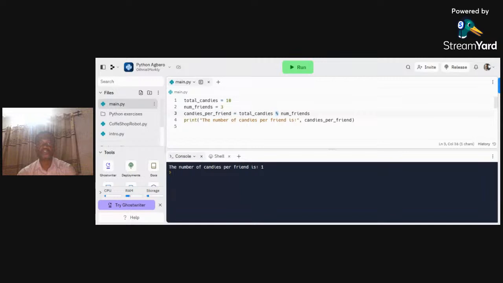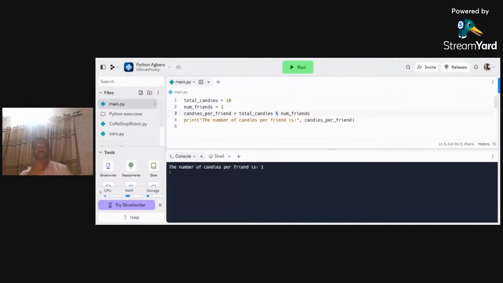Let us move on. So remember, there is the order of operations, and this is very crucial in Python. We have a secret weapon called parentheses. This can change the order of operations and make things more magical.